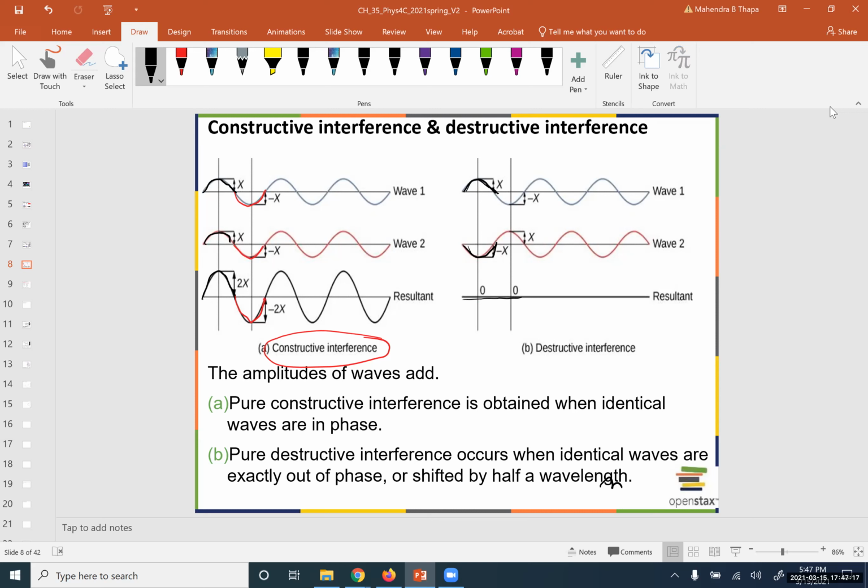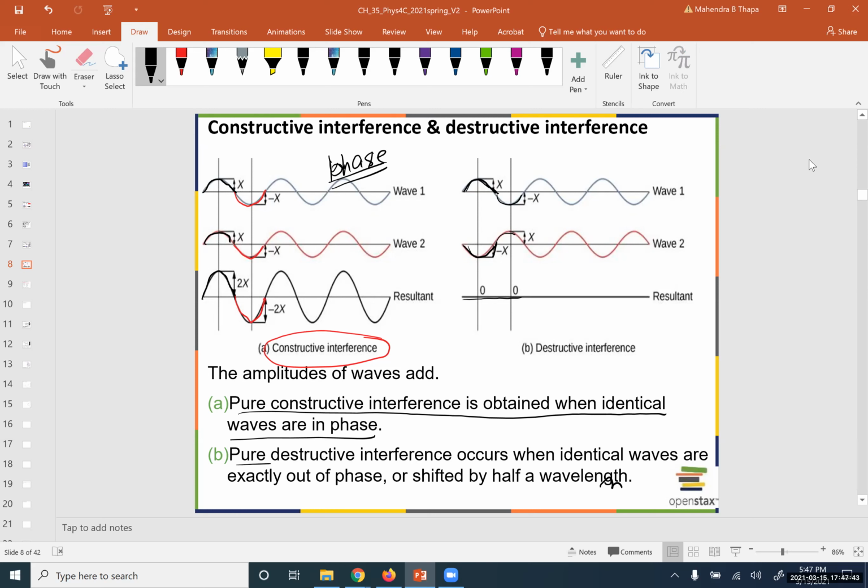The trough and crest are happening at the same time. The constructive interference is obtained when identical waves are in phase. This is called the condition of phase, which means the crests happen at the same time and the troughs happen at the same time.